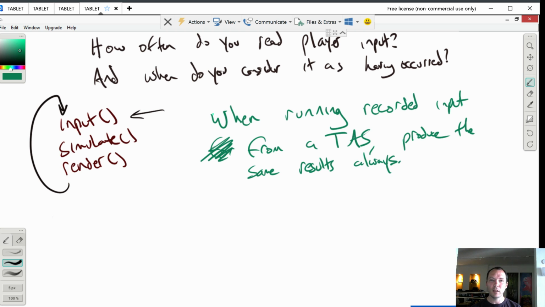TASes can't really exist if you don't do that, right? So this is maybe a more well-defined statement than "react to user input in the same way every time," because user input is never going to be the same twice. But if you have threads trying to read your input in the middle of the frame to get better input responsiveness, then you have the same problem where maybe the input came one CPU cycle early or late, right?